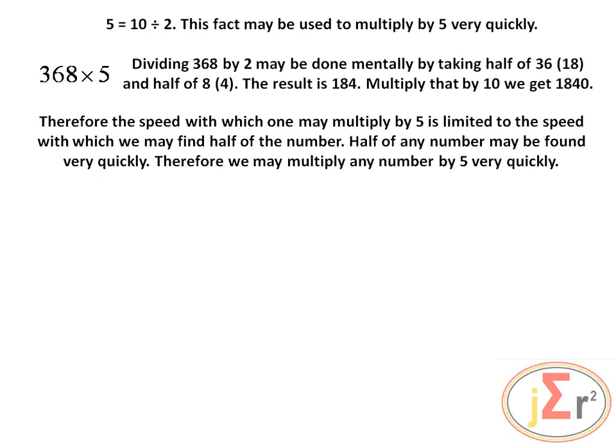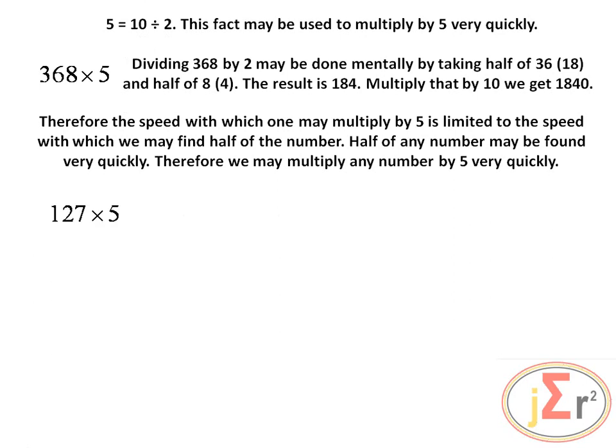Therefore, we may multiply any number by 5 very quickly. And that is dependent on the knowledge that 5 is 10 divided by 2. We just take half, that means we divide by 2, then we multiply by 10, which is merely increasing the number by a single place of decimal.